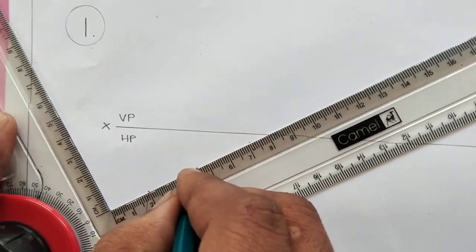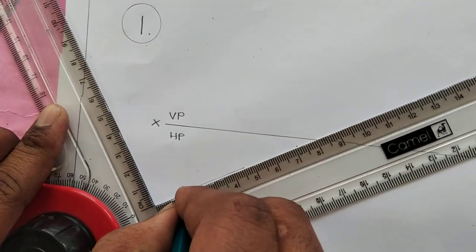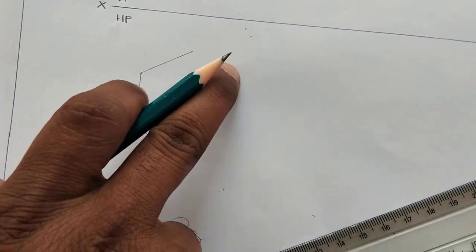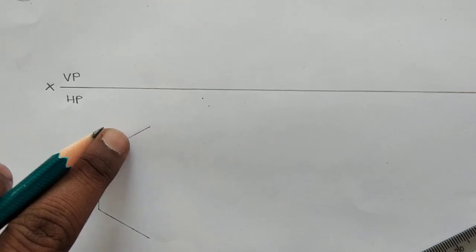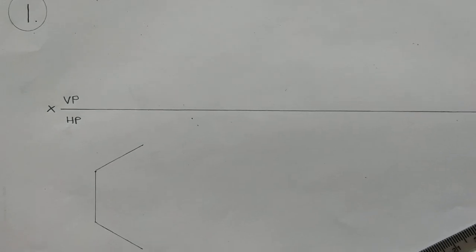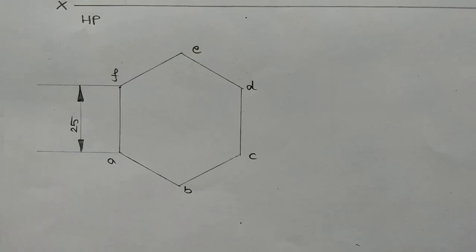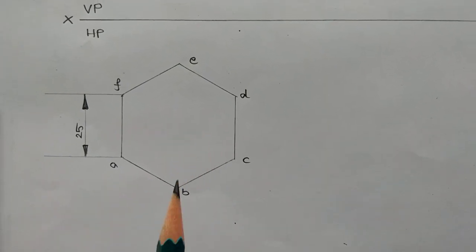It is a 25 mm line, and next we can construct the line parallel to this particular line. Similarly we can construct one more line, because opposite sides are parallel to each other in the hexagon. Yes, in this way we can construct the hexagon.